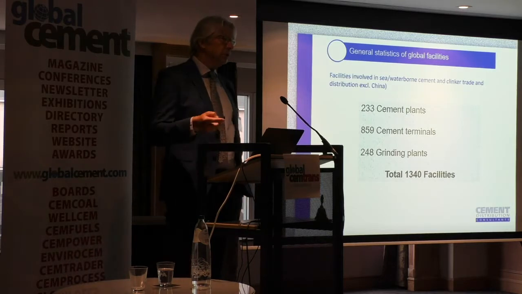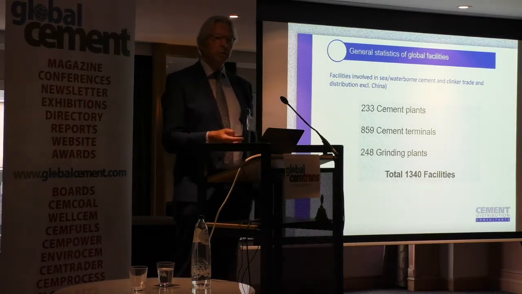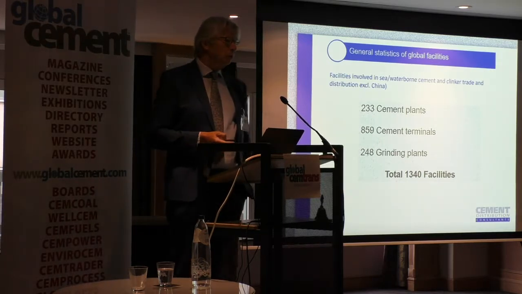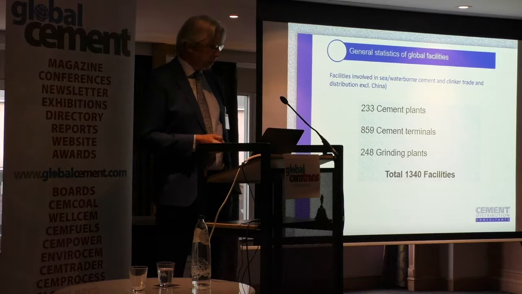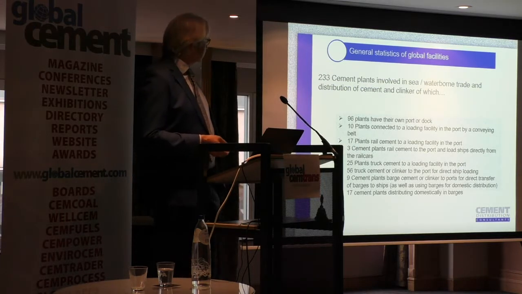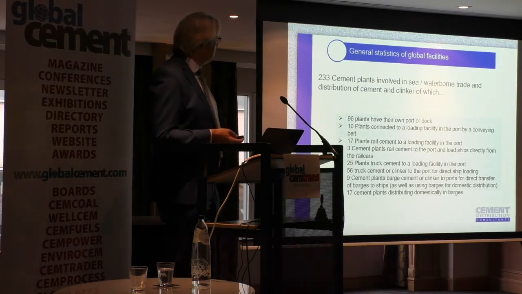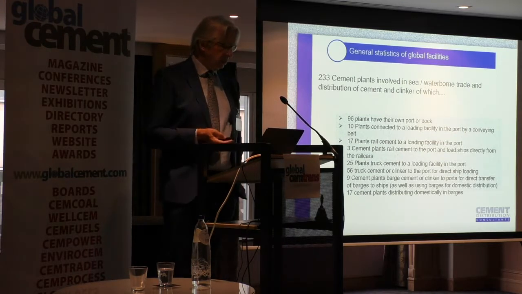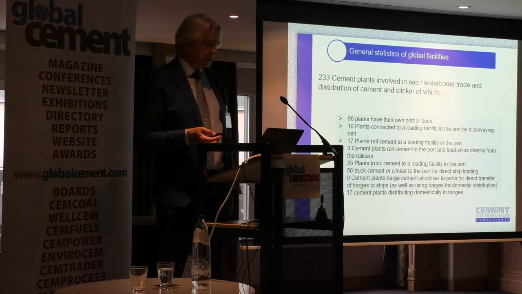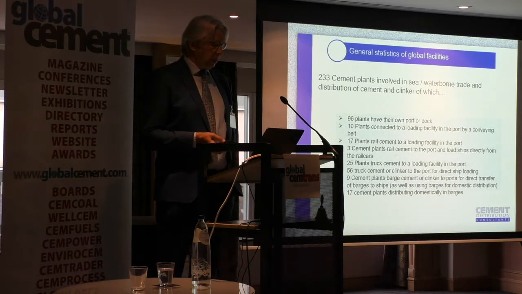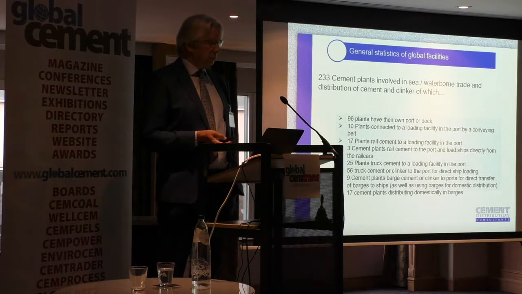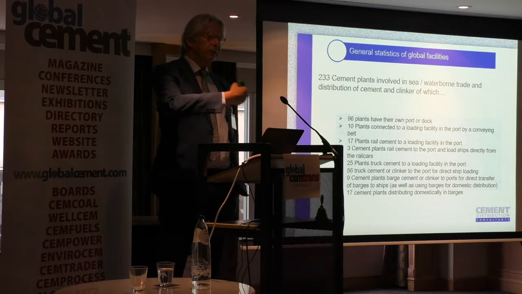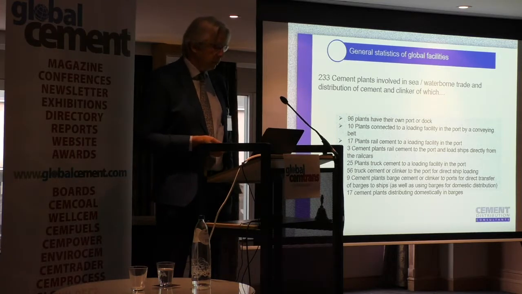Looking at this, it's interesting, of course, not just these plants, but what are they involved in? How are they able to distribute their materials by ship? And you can see that there are 233 cement plants involved in this waterborne trade, and only 96 plants actually are on the water side, have their own dock or port.